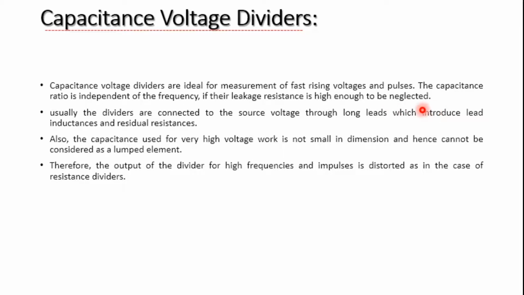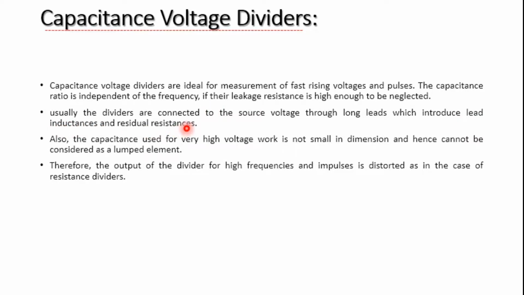to be neglected. Usually the dividers are connected to the source voltage with the help of long leads, because we are considering it as a Z0 value. This will introduce an inductance and a residual resistance.